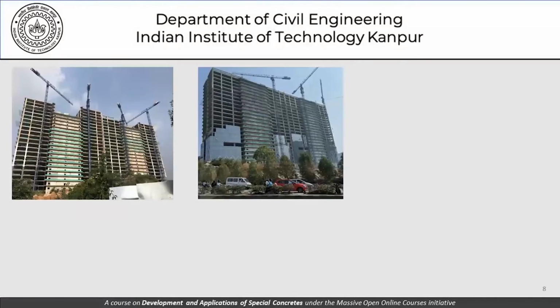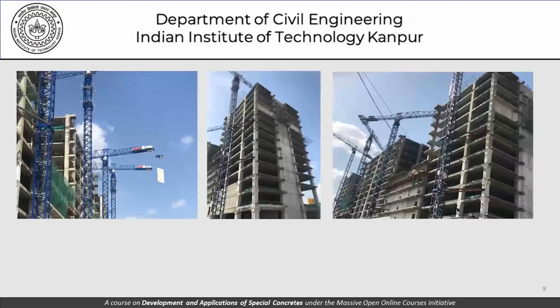Here is another picture of a building constructed, a high-rise building being constructed using precast elements. The same thing here, and you can see from this picture that basically precast construction involves a lot of equipment, especially cranes, used to lift and place in position different elements, whether it is beams, columns, walls, parts of walls, and so on and so forth.